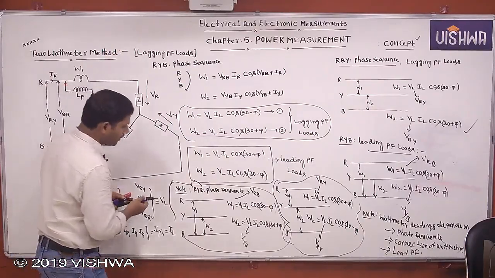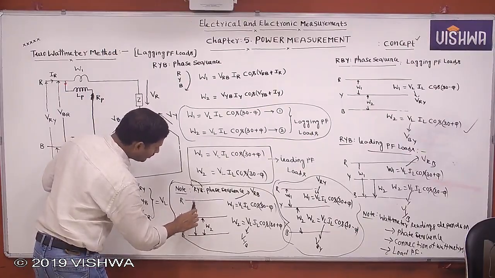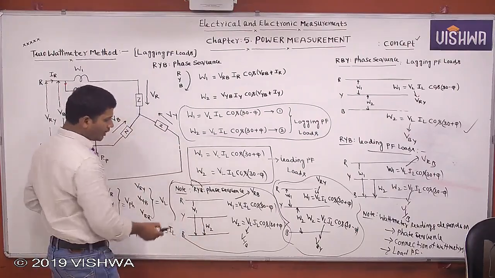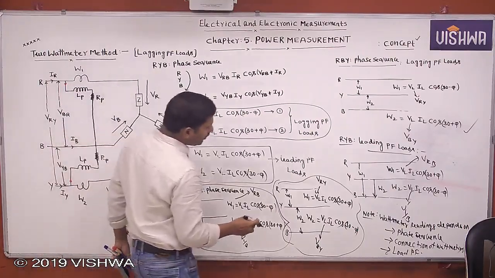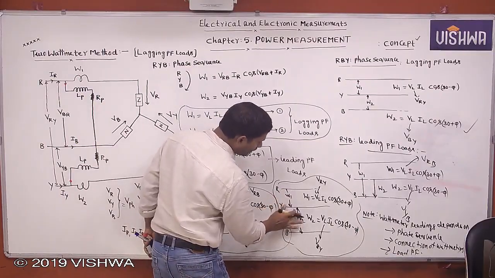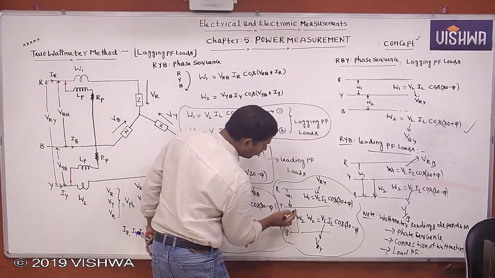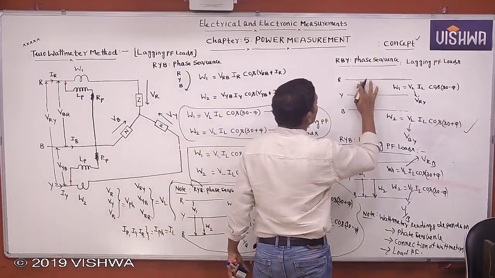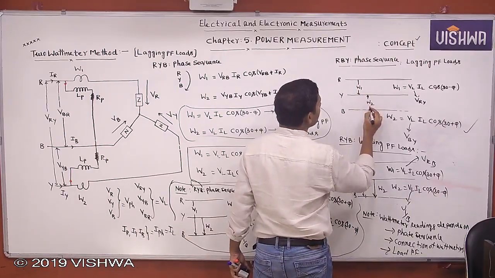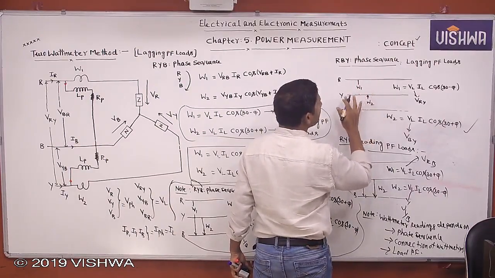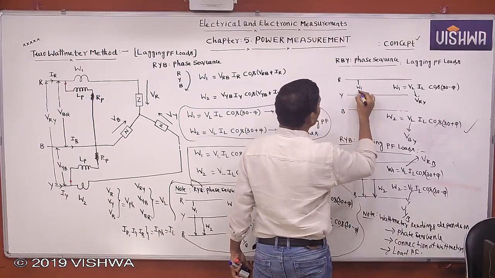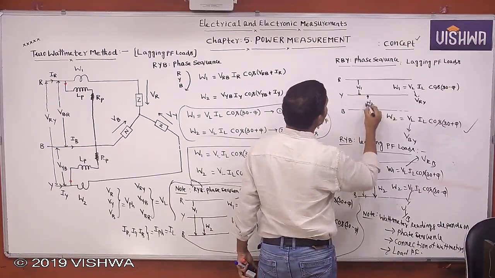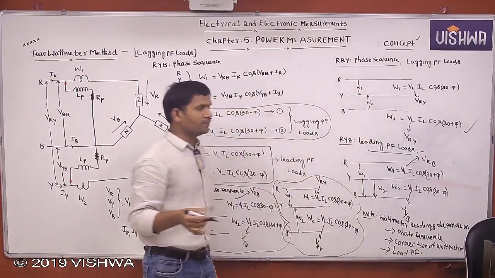But don't confuse. Here W1 is connected between R and Y, W2 is connected between Y and B. Change the arrow marks like this. Here W1 is connected between R and Y, W2 is connected between B and Y. But the phase sequence is RYB.